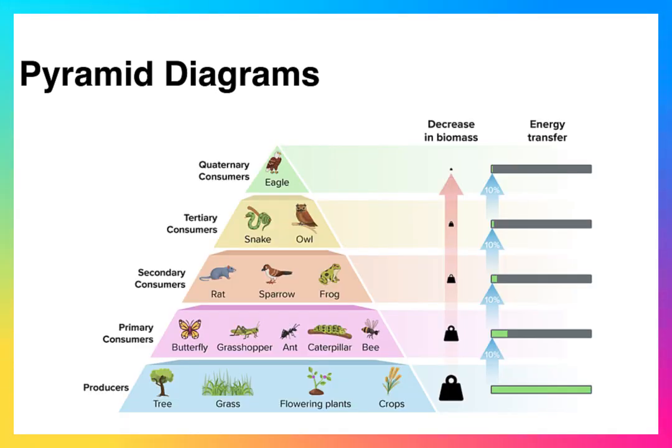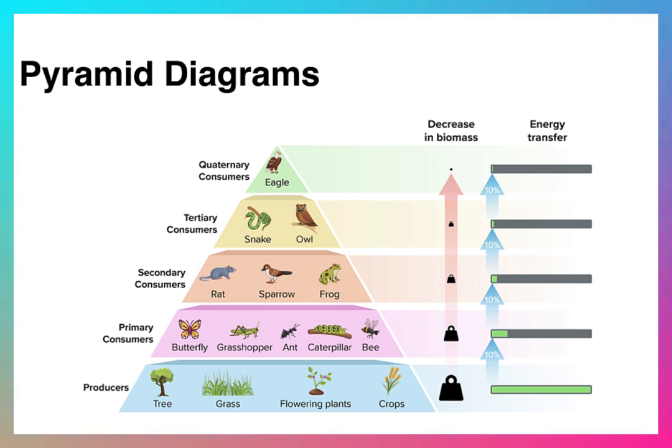So looking at it this way, this also shows you something about the biomass that occurs as you move up as well. You start at the bottom of this pyramid and you have the primary producers with the most energy and the largest biomass. And you move up and you lose 90% of the energy. And you lose some degree of the biomass as you go into the primary consumers, the grasshoppers, ants, caterpillars, things like that that eat the plants.